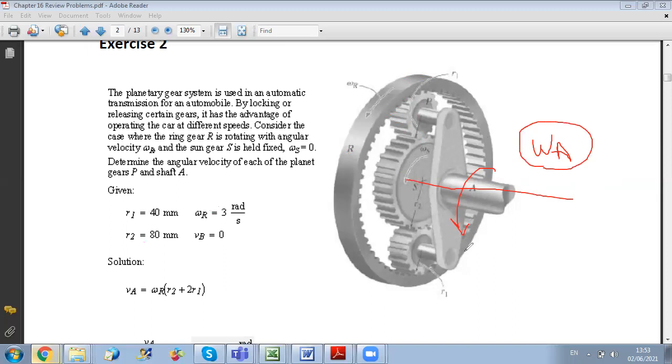The shaft is connected to this part, so if I find the velocity of any point on this part, I can get the omega of the shaft. For any point on this figure whose velocity I can find, I can get omega A.